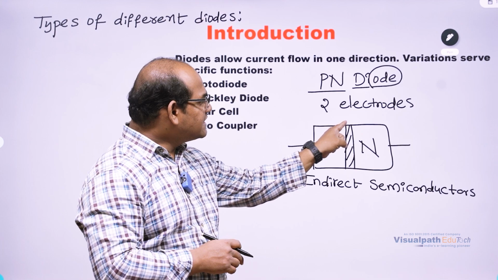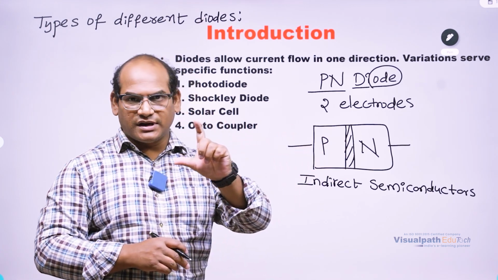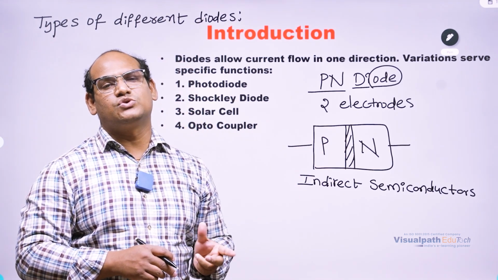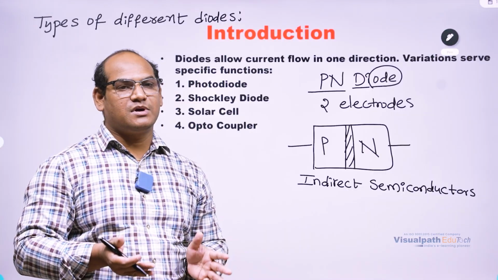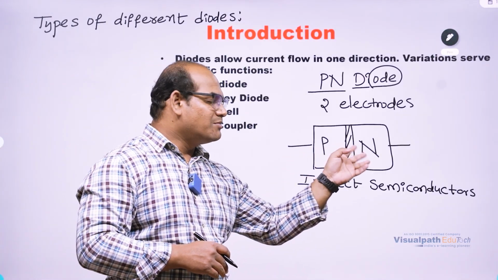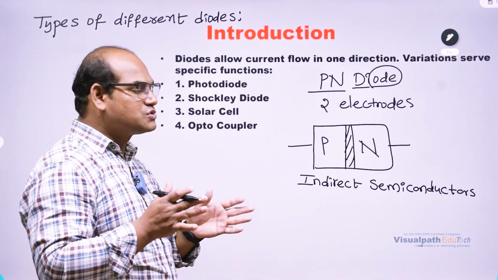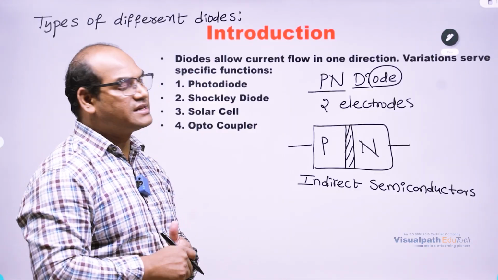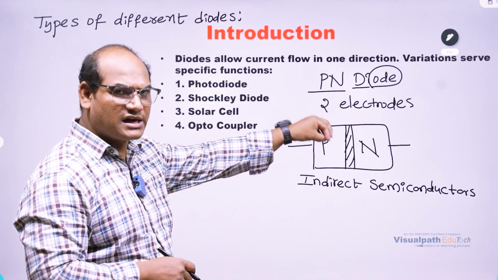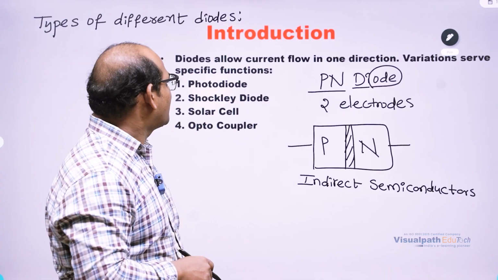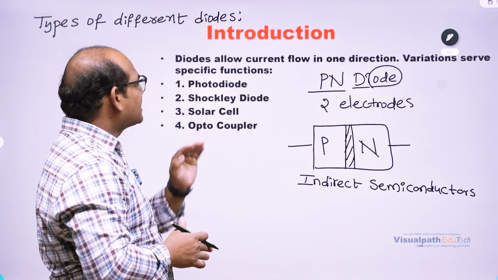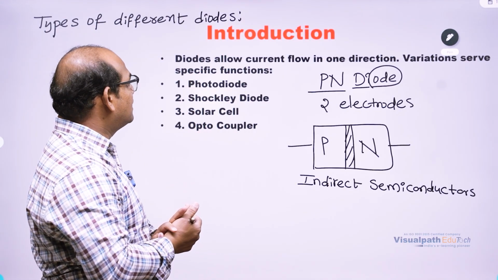And what is this? It is the depletion layer created between two different regions, p-type and n-type. In between those two layers, the depletion region will be created. About that we have already worked. Now, these are the different types of diodes we can take.